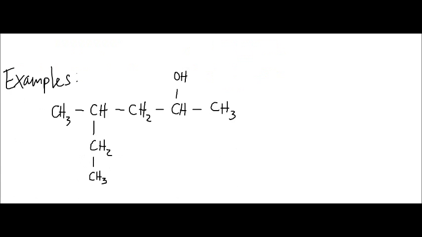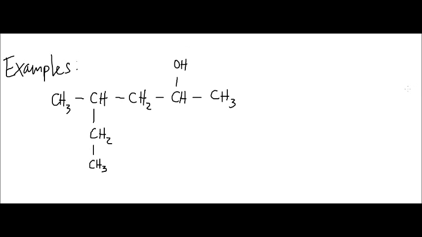Here we have an example of an alcohol. This hydroxyl group is found on a carbon that is bonded to two carbons, so we can say that this is a secondary alcohol. But now let's go about naming this.